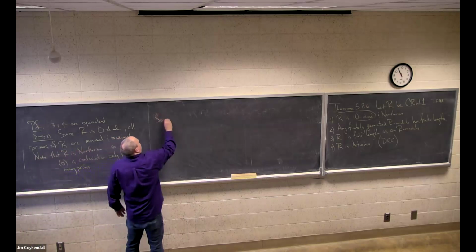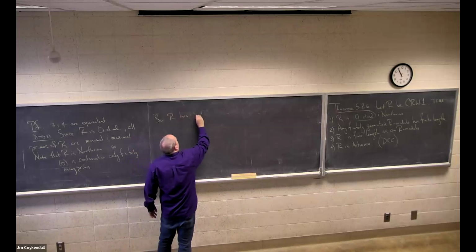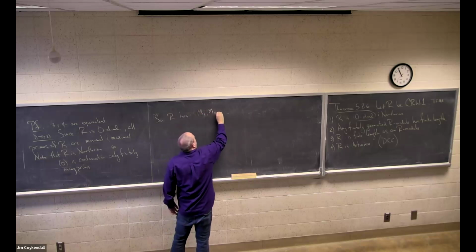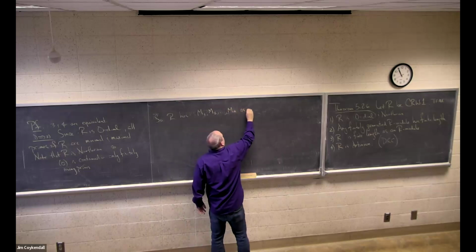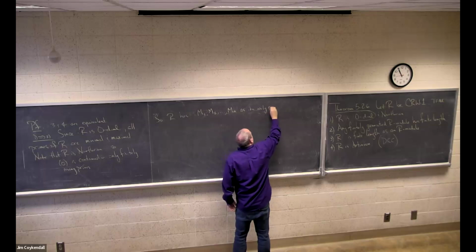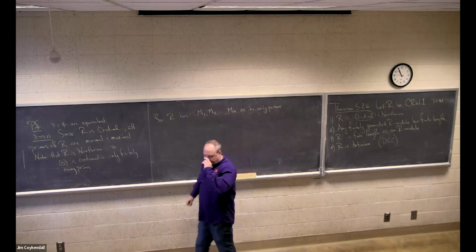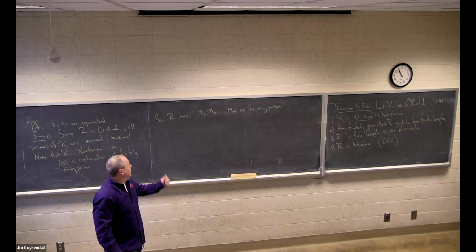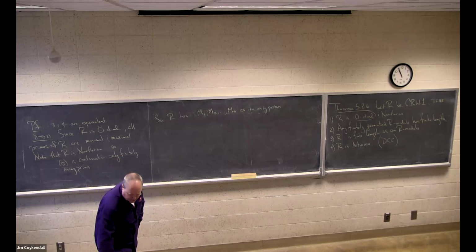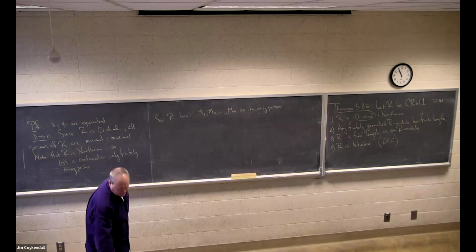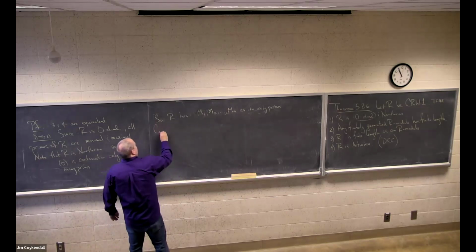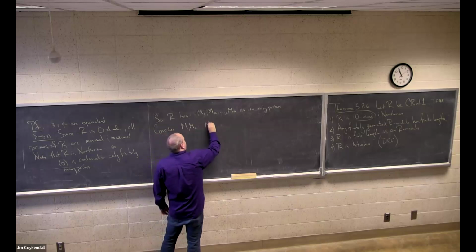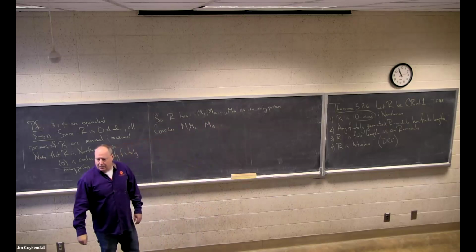So R has only, let's say, M1, M2, up to Mn as its maximal ideals. Consider the product of all these ideals, M1 up to Mn.